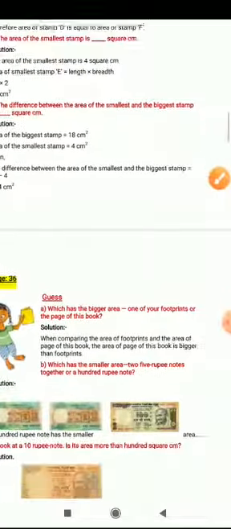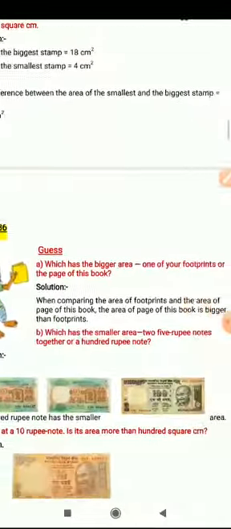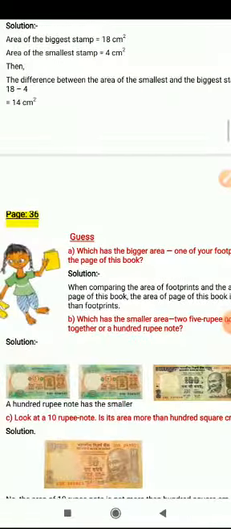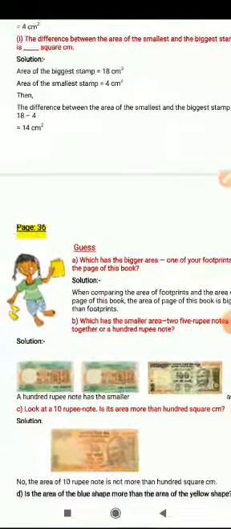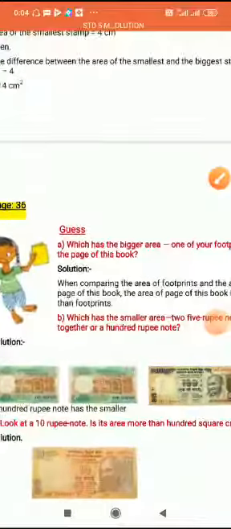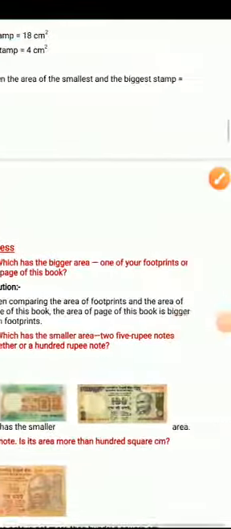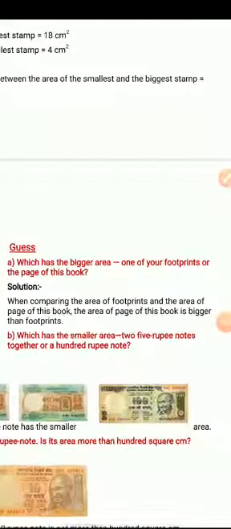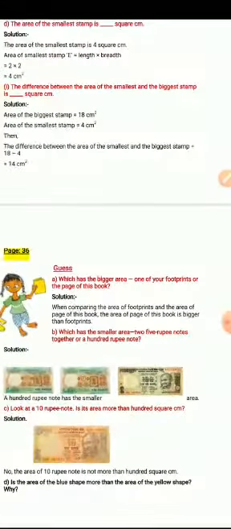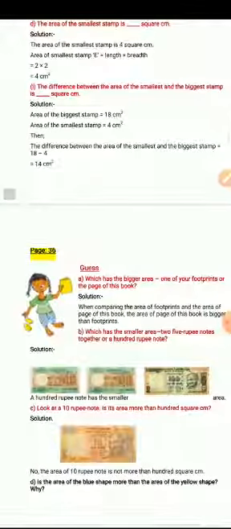Now let's move forward. Page number 36. Question 1 is, which has the bigger area, one of your footprint or one page of this book? Okay, we have to find out the area of these two.